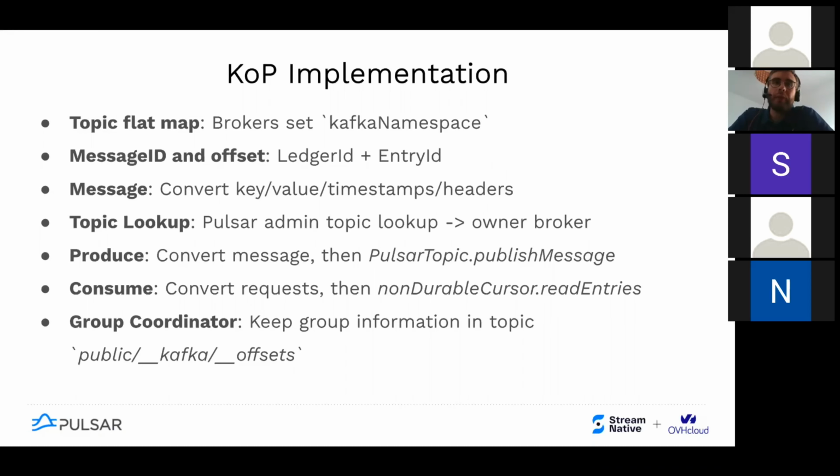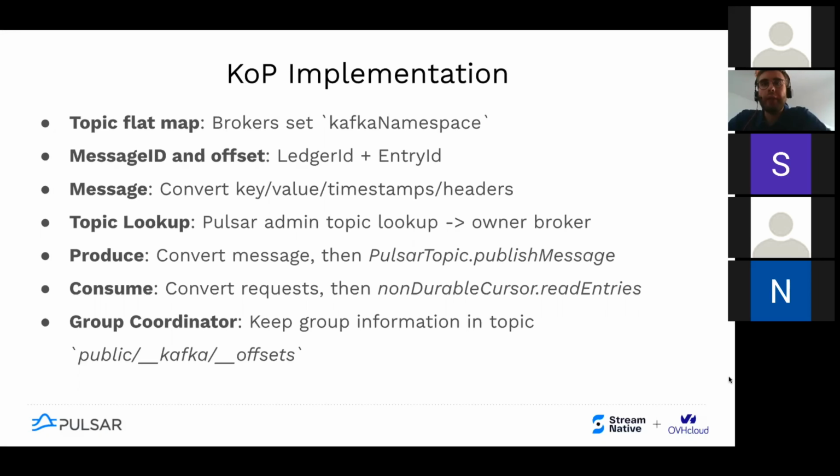And for the produce action, we are receiving the message, converting it, and then using internal methods that are available within the broker, which are PersistentTopic.publishMessage. And on the consuming part, we are doing exactly the same. So we are converting the request, and then we are using a non-durable cursor, and we are reading entries on it.